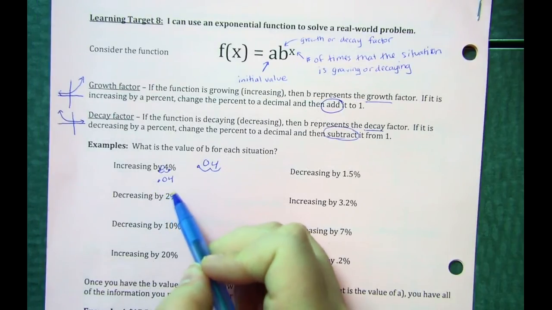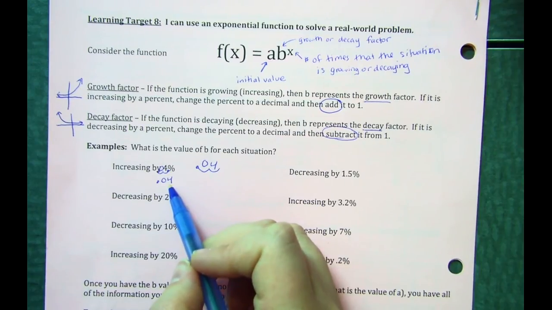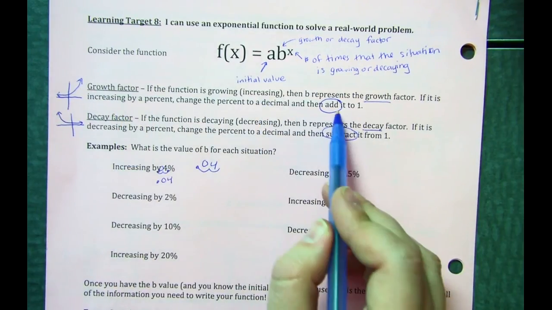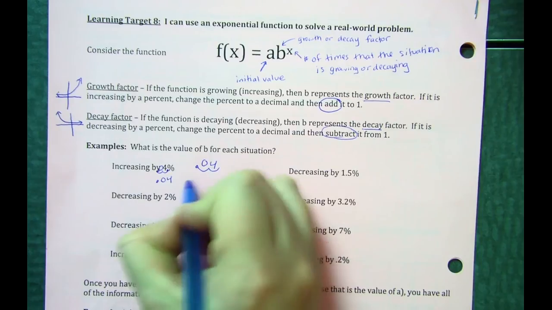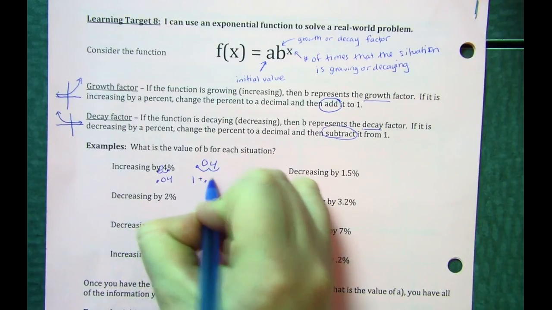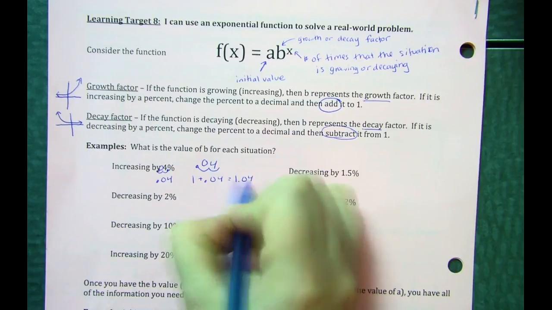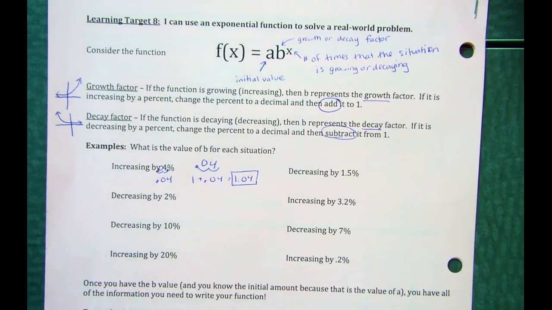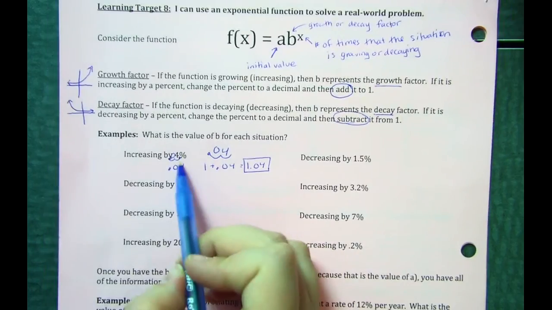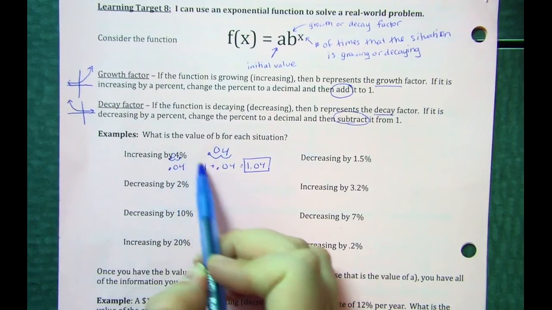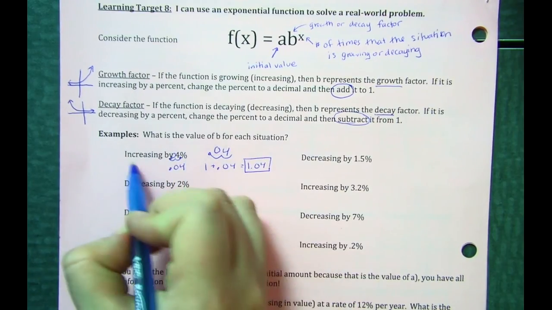Now, that's not my b value, though. That's just the percentage increase. And if it is increasing, that means I need to add it to 1. So I do 1 plus 0.04, which equals 1.04. That would be my b value. I change my percent to a decimal, and then I add it to 1 because it's increasing.